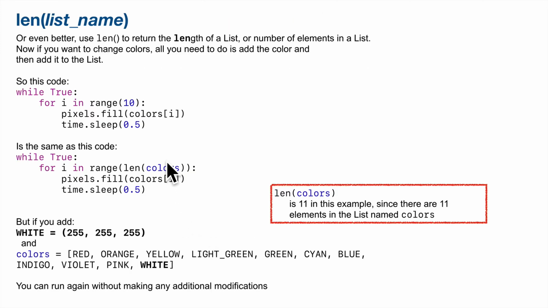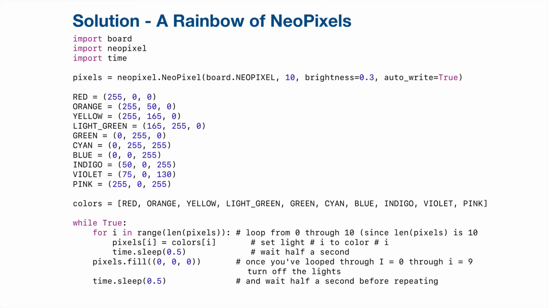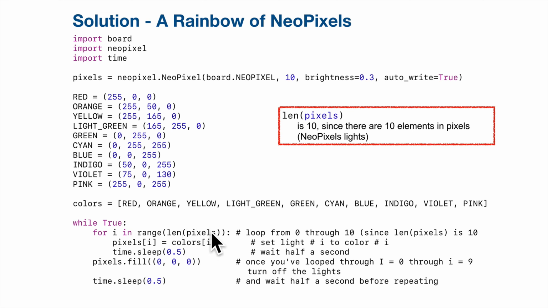Now, previously we wanted to show all of the colors that were inside of the list named colors. So that's why when we went through our range here, it was a range, the length of colors. But in this case, what we want to do is light up all of our individual lights. So instead of going through the length of colors, we're going through the length of pixels. Now remember, when we set up pixels in this statement, we said we have 10 pixels, which means we've got 10 lights on our Circuit Playground Express, going from number 0 to number 9.